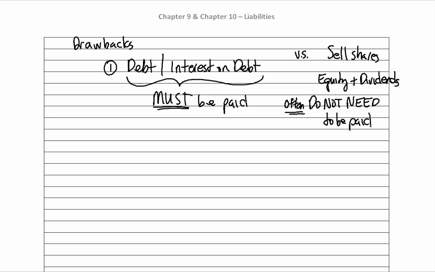Right? So debt and interest on debt has to be paid, even if cash flow is low. Doesn't matter what your circumstances are, you have to pay it. And because of that, it increases the risk of bankruptcy.